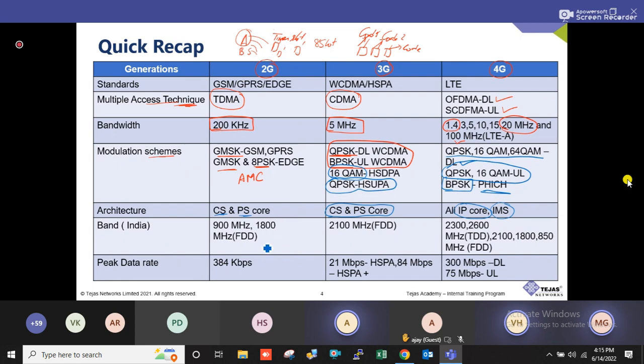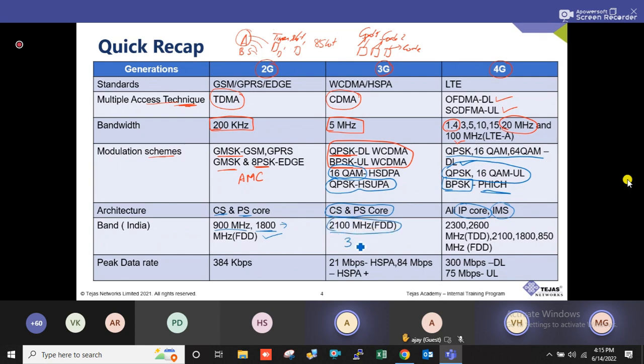Now, band is country specific. So typically in India, we went with 900 and 1800 megahertz. As we discussed yesterday, what are the features inside 900, 1800? If you compare 900 with 1800, 900 has lesser frequency and wider wavelength, so it can travel a larger area. 1800 megahertz will travel less area. 2100 megahertz will have still lesser area.